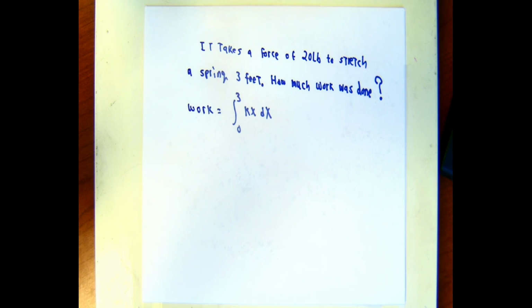The meaning of that sentence at the beginning, it takes a force of 20 pounds to stretch a spring 3 feet, does not tell you the amount of work done directly. You can't do force times distance. What it does tell you is this: if you know Hooke's law, it'll let you figure out what the k is.